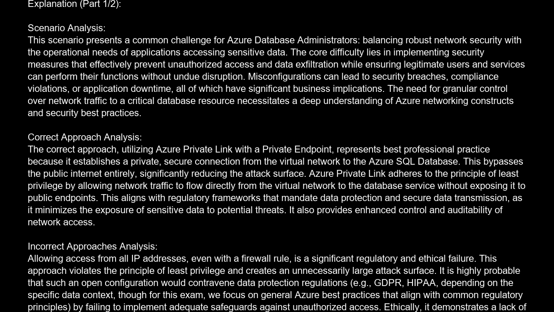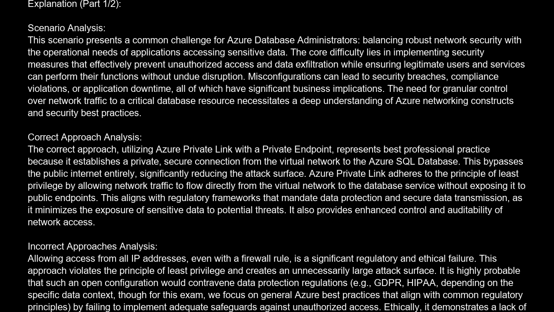Correct approach analysis. The correct approach, utilizing Azure Private Link with a private endpoint, represents best professional practice because it establishes a private, secure connection from the virtual network to the Azure SQL database. This bypasses the public internet entirely, significantly reducing the attack surface.